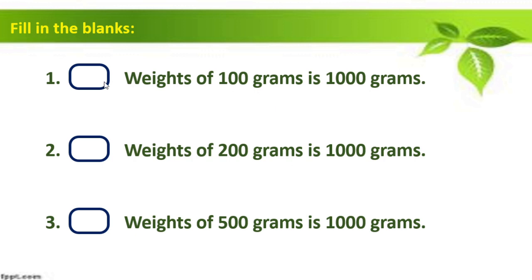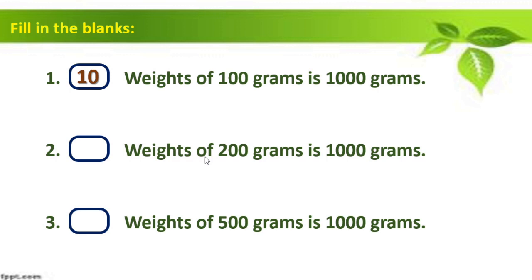Come on, tell me here. How many times do we have to weigh 100 grams to make it equal to 1000 grams? Yes, very good. 10 times, correct? 10 weights of 100 grams is 1000 grams. Here you can multiply 10 into 100, that gives 1000. Isn't it?